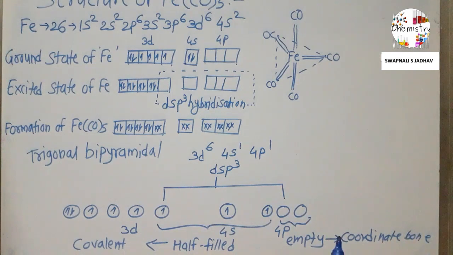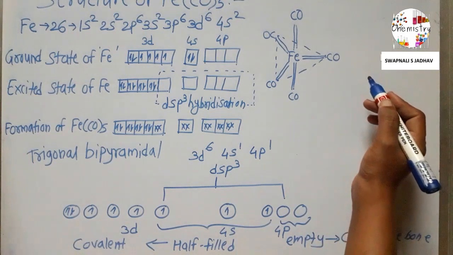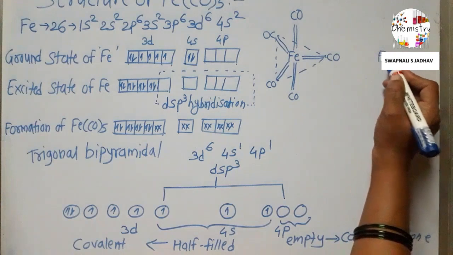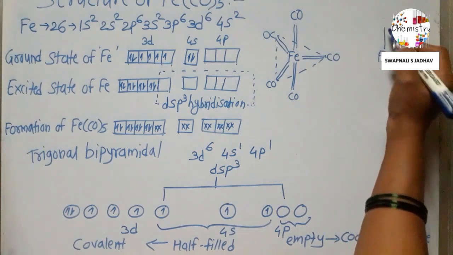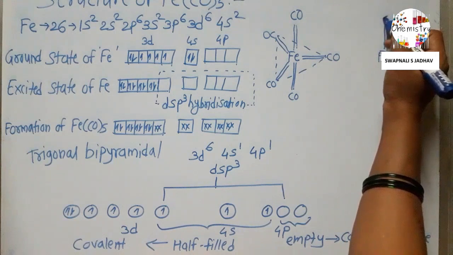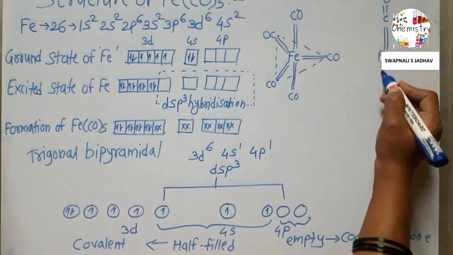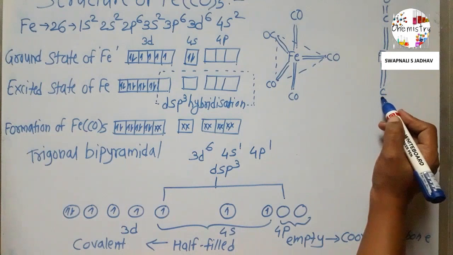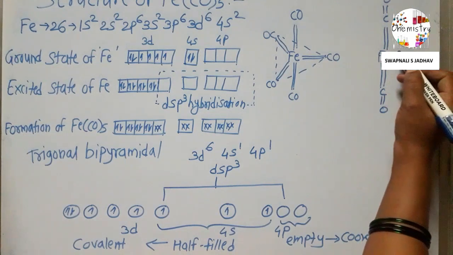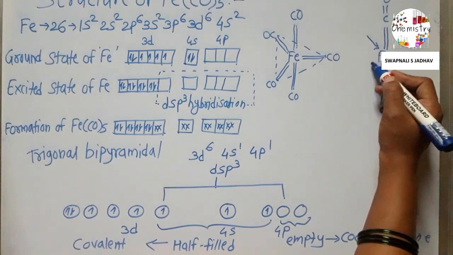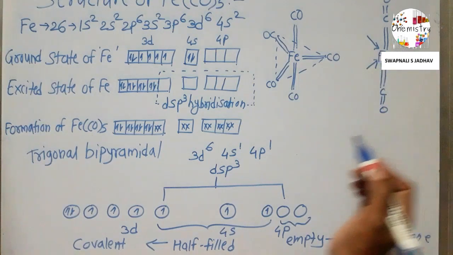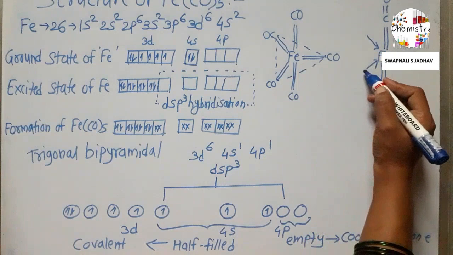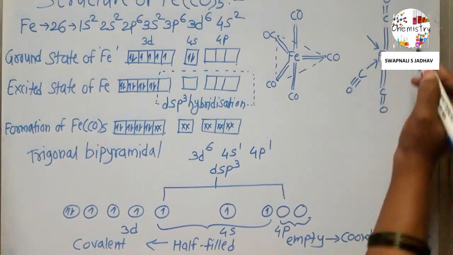So the double bonds formed may be by the overlap of d orbitals of iron and suitable pi orbitals of carbon in carbonyl. So the structure becomes iron, where 2 are the coordinate bonds and 3 are the covalent bonds. C triple bond O.